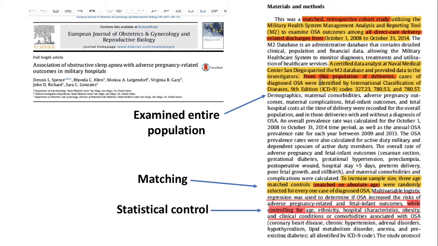And so in our analysis, we were able to control for those because this was a retrospective study, so it was prone to bias. Through statistical controls, we were able to minimize those effects and really narrow down what the true impact of sleep apnea was on peripartum complications.